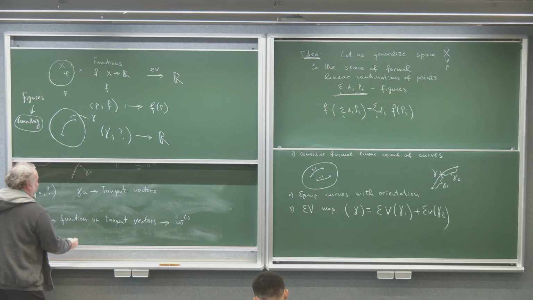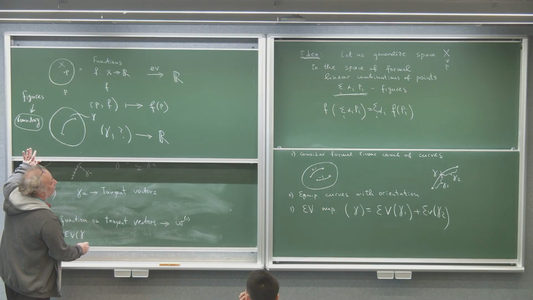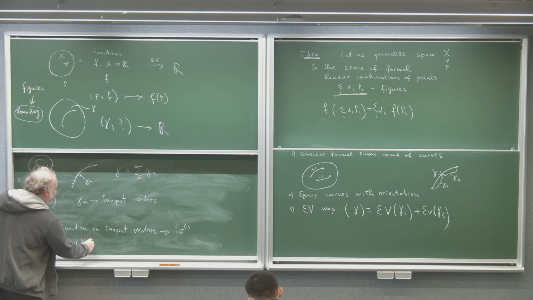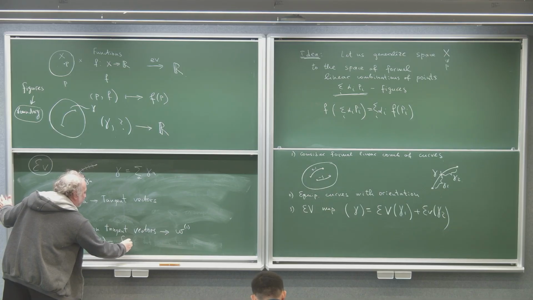And evaluation of gamma omega 1 is defined to be the integral over gamma of omega 1.